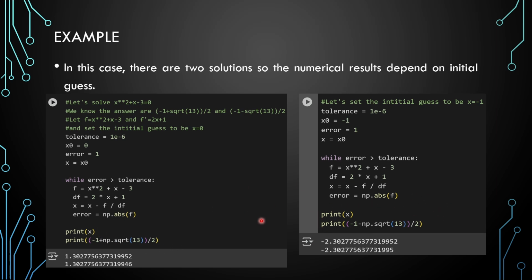This is because in this system we have two solutions. Depending on the initial guess, our solution will go in a different direction and end up in either the positive or negative solution. You can also see that the analytical solution is very close to our calculated solution.